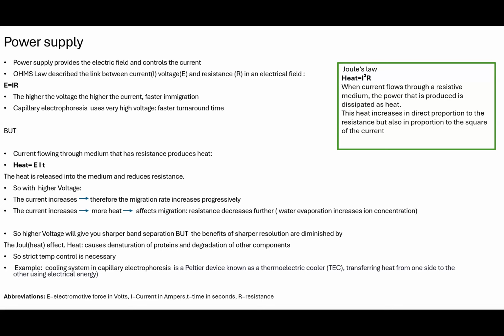Basically, the heat that is produced is calculated by Joule's law, which is a combination of Ohm's law and the other formula I just mentioned. Joule's law says that the heat is directly proportional to the square of the current and also the resistance.